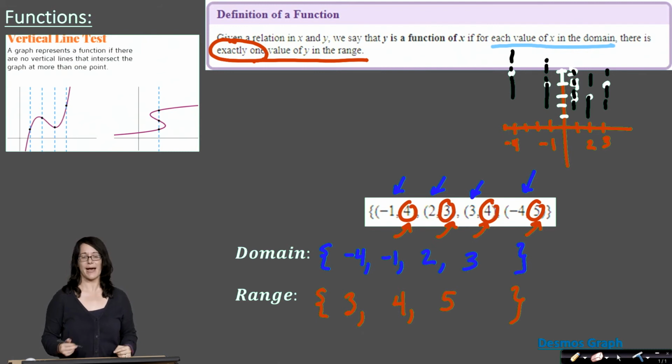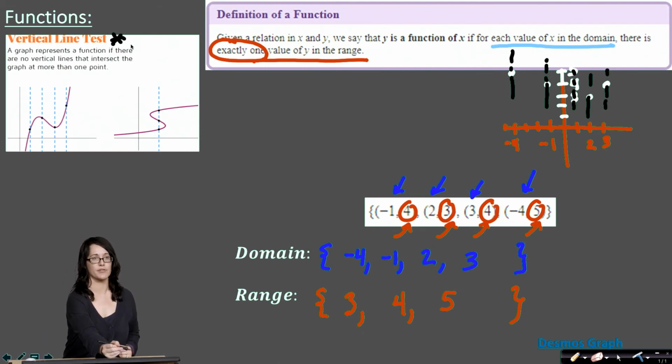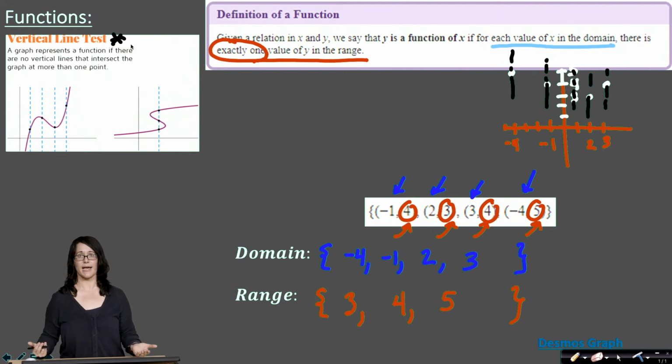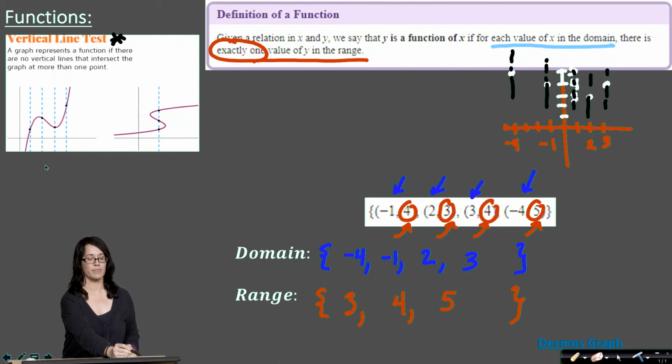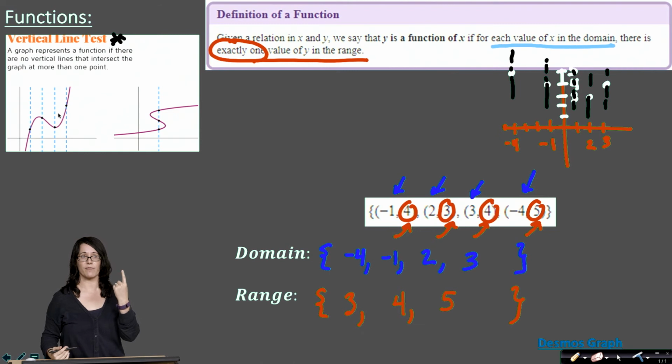That means it has passed what we call, over here on the left side of the screen, the vertical line test, which says that a graph represents a function if there are no vertical lines that intersect the graph at more than one point. So you can see the differences between these two pictures above me. You can see that the first picture above me on the left would be considered a function because at any location on that graph, if you put a vertical line through it, it would only hit the graph one time.